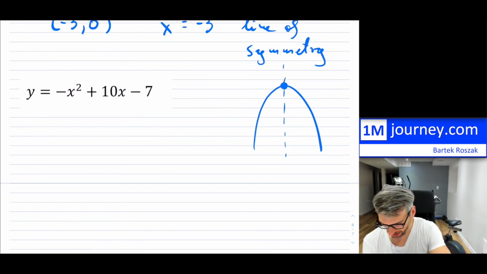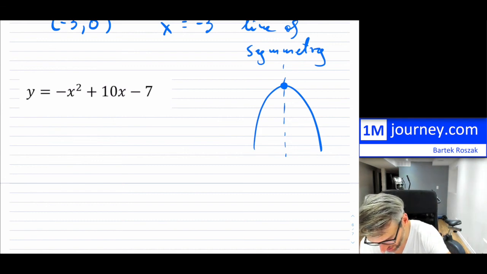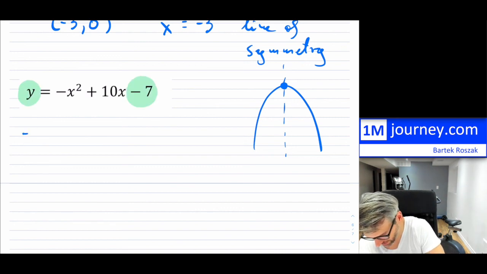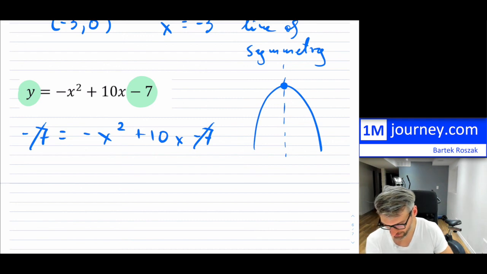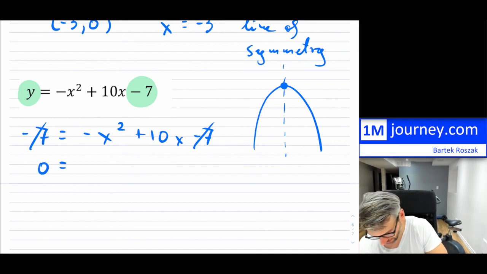Now I'm not going to play around with this one. I will just use the strategy of setting my y equal to just my c. And so that's going to give me -7, so -x squared plus 10x minus 7. So those 7s will be gone, and I will have -x squared plus 10x.